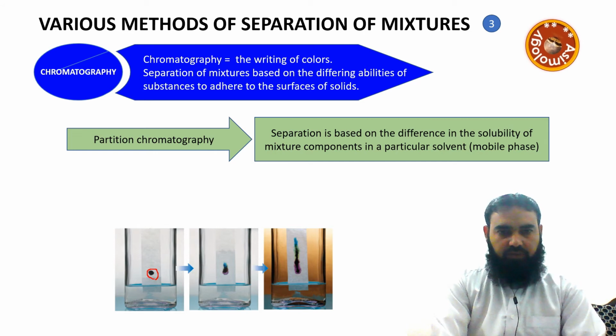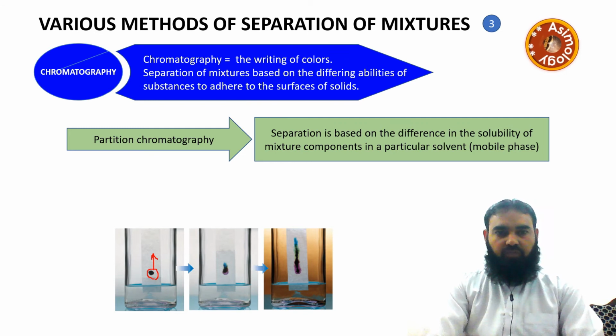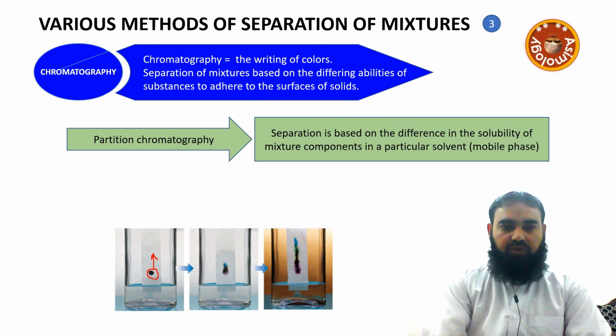So when you dip this piece of paper in the liquid, the suitable solvent, the solvent will be taken up by this paper, and using capillary action it will go upward, and it will also take away the ingredients of this ink mixture with itself.